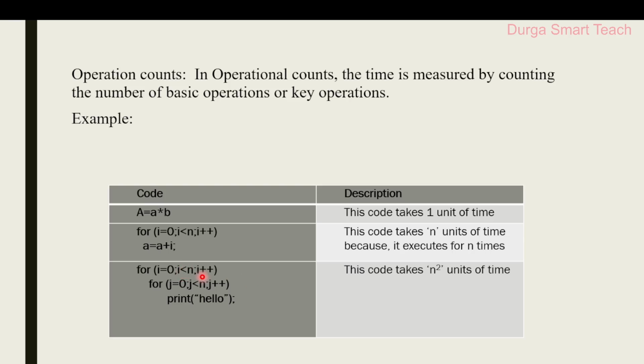So here it will take n square units of time. Why? Because here n units of time, and here also n units of time. So here it will take n square units of time because it executes n square times. Like this, we have to count the operations.